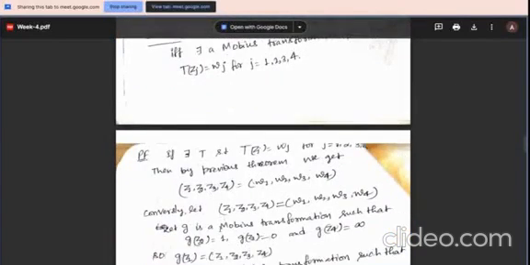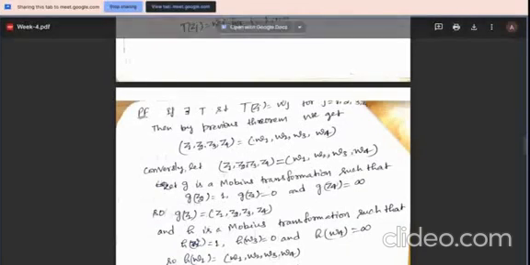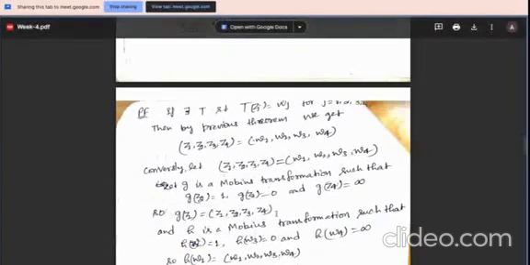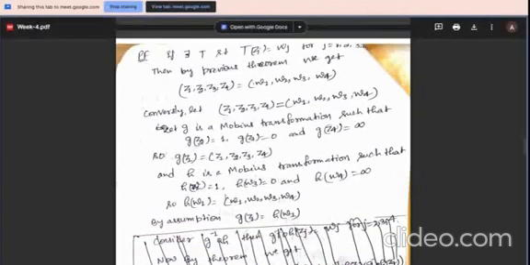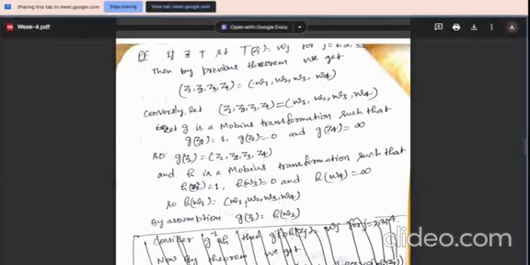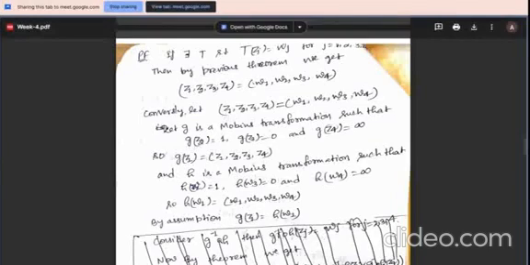Conversely, let G be a Mobius transformation which sends z2 to 1, z3 to 0, z4 to infinity. So G of z1 is the cross ratio of z1, z2, z3, z4. Let H be a Mobius transformation which sends w2 to 1, w3 to 0, w4 to infinity. So H of w1 is the cross ratio of w1, w2, w3, w4. Now by assumption, G of z1 is equal to H of w1, because the cross ratios are the same.